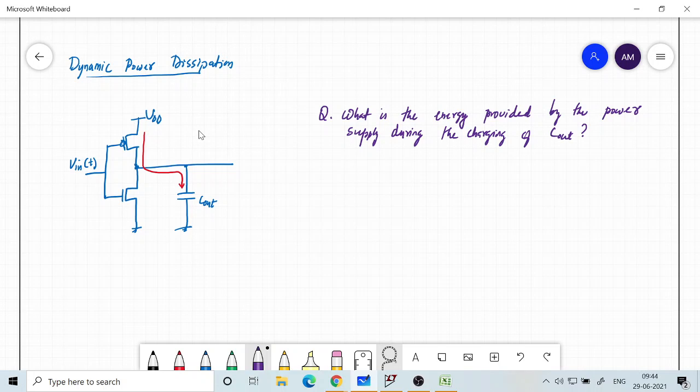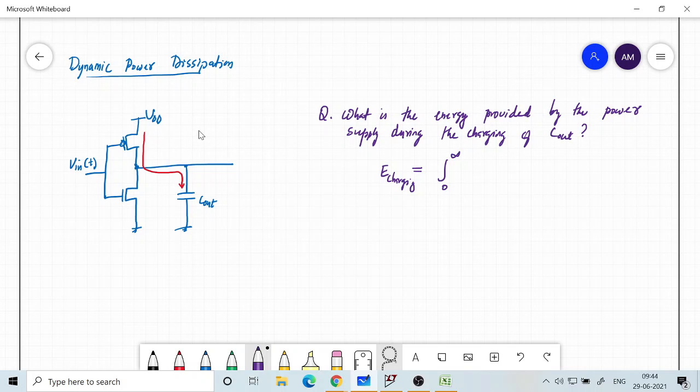Okay, so energy is E charging. So this is the energy supplied by the source. So that is basically integral from, let's say that we are charging starting from 0 time, and charging goes up to infinity.